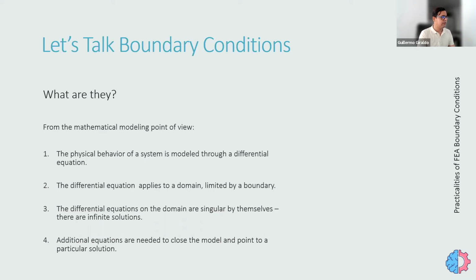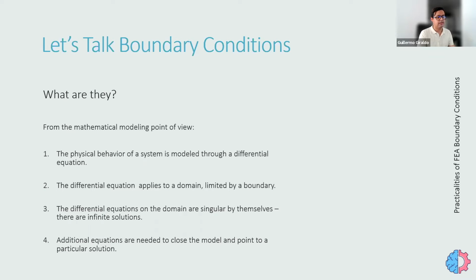The differential equations on the domain are singular by themselves. Just a differential equation on this domain is not enough to find a solution, say a deformation solution or a stress field. So we always need additional equations to close the model, and point to a particular solution. This means that the differential equation that describes the physics is not enough.